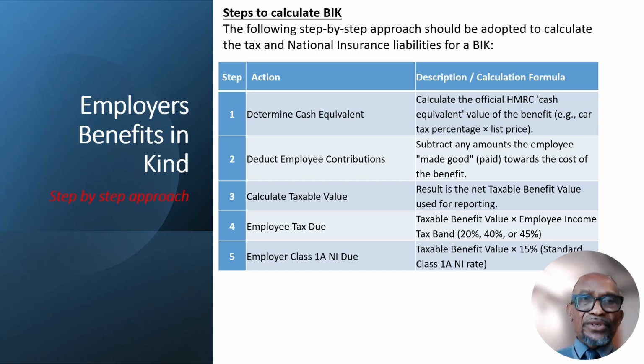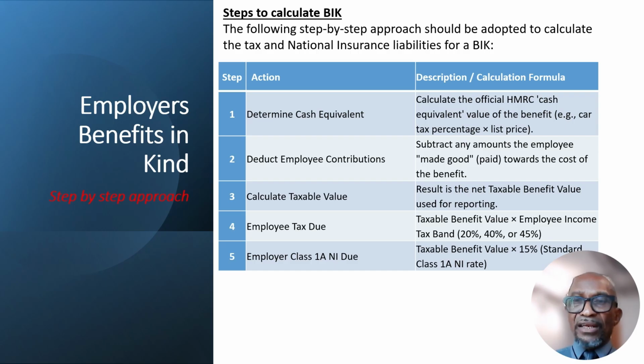So that is step 3, the taxable value. You get all the taxable value down. It's on the taxable value that you now pay the tax, depending on your status. If you are a 20% taxpayer, you pay tax at 20%. If you exceed that, going to 40%, you pay 40% on the excess value.